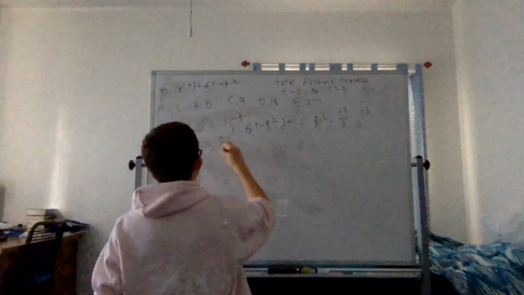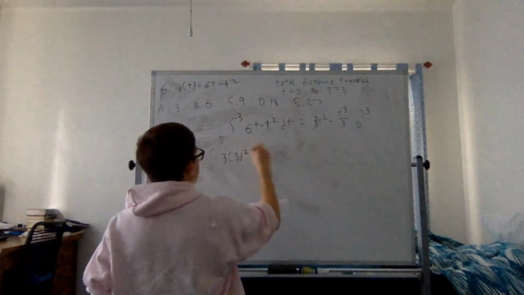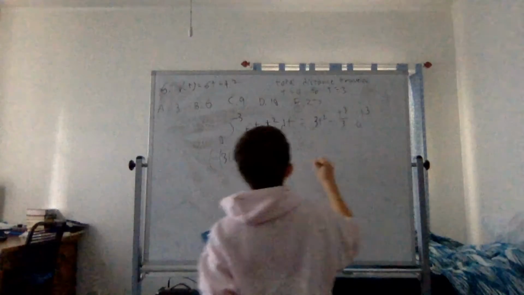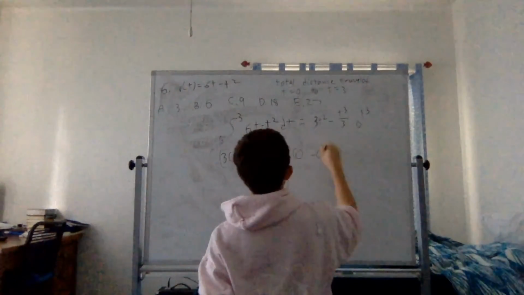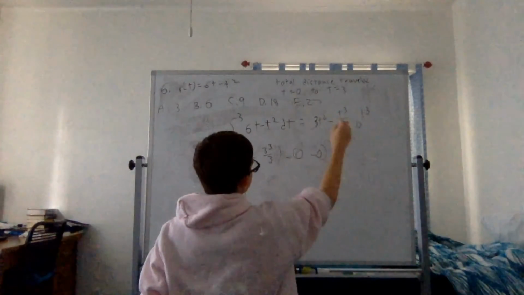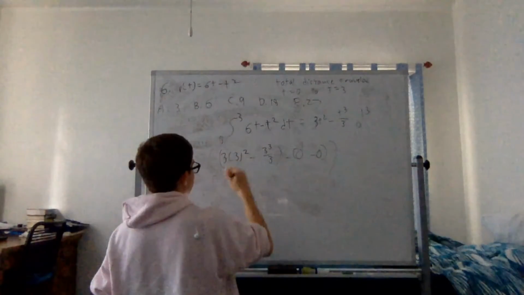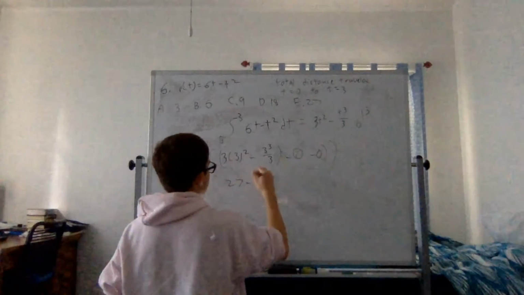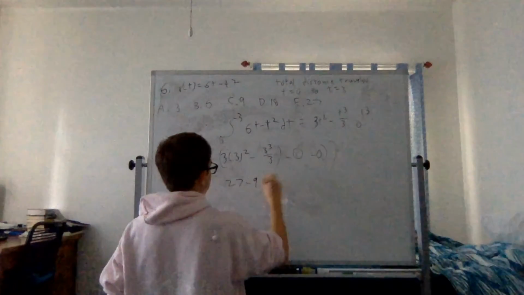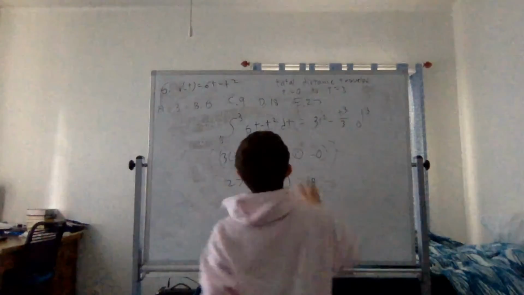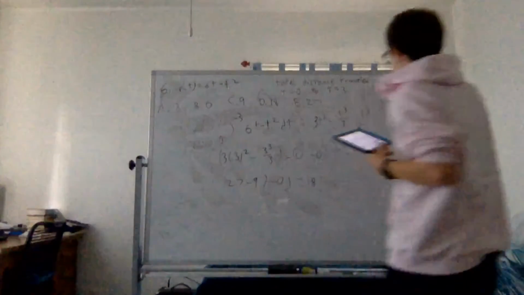So we get 3 times 3 squared minus 3 cubed over 3, minus 0, because at 0 everything is 0. So 3 squared is 9, times 3 is 27, minus 27 over 3 is 9, minus 0. We get 27 minus 9, which is 18, or answer choice D.